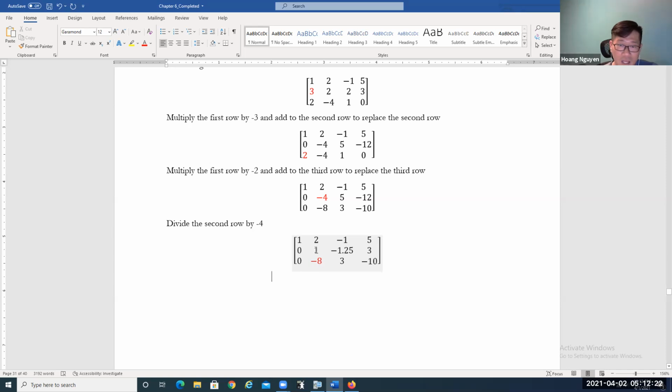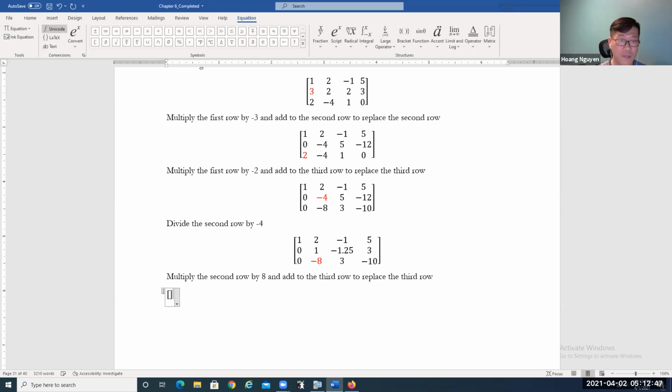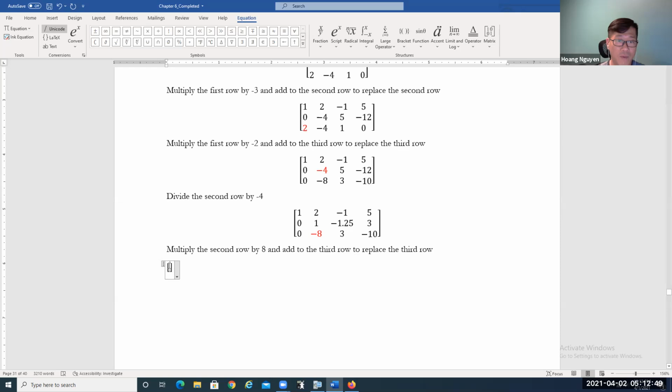I'm going to use the second and third rows here. I'll multiply the second row by 8 and add it to the third row to replace the third row. Okay, so once again, I only modify the third row, so the first and second rows, I will copy.